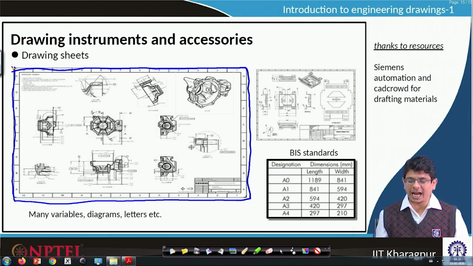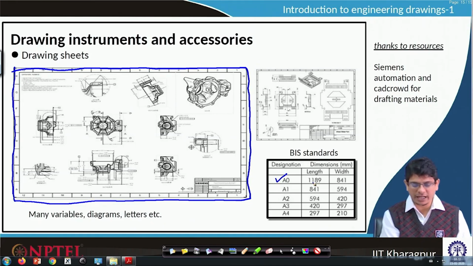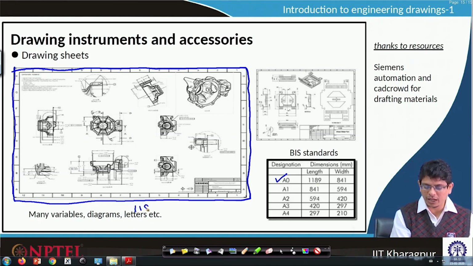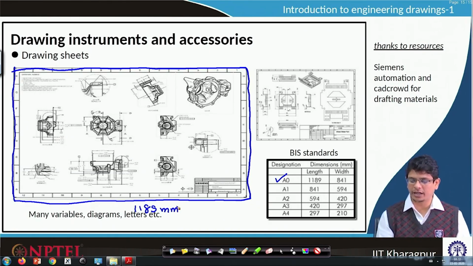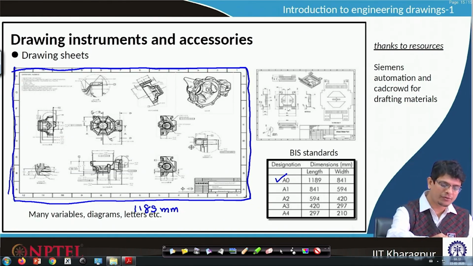The Bureau of Indian Standards recommends typical standards for any drawing, categorizing these drawing sheets into different formats like A0, which has a length of 1189 millimeters and a width of 841 millimeters.